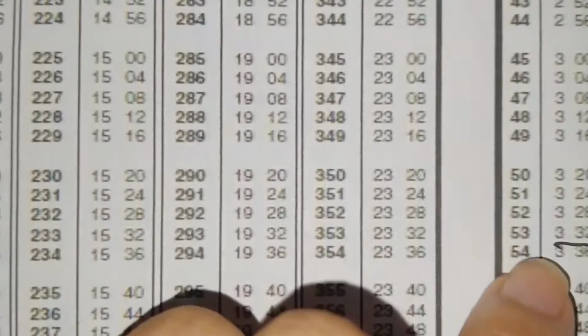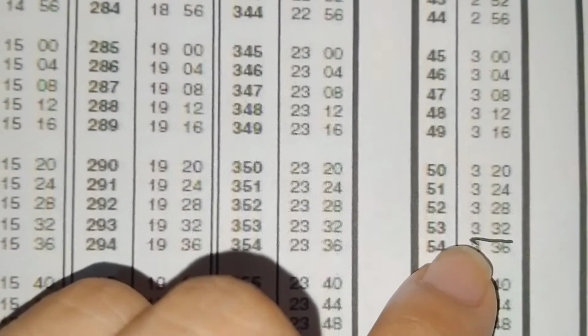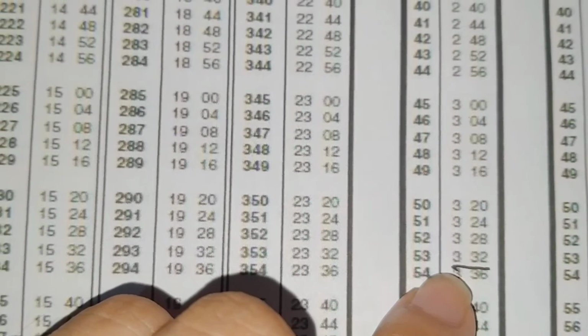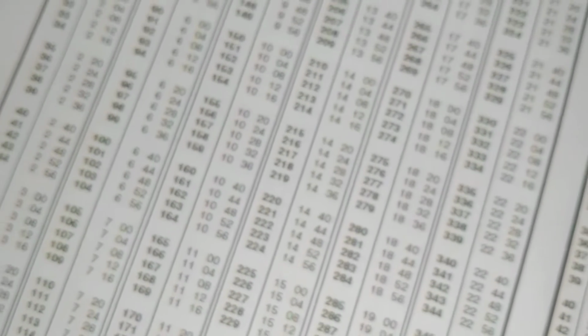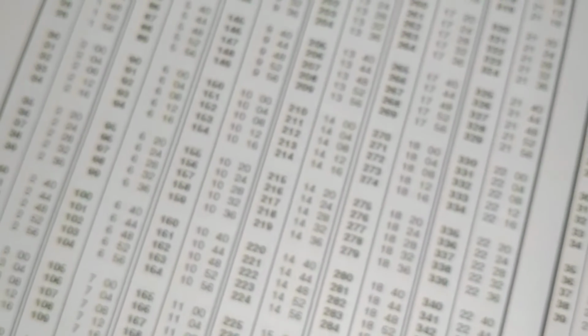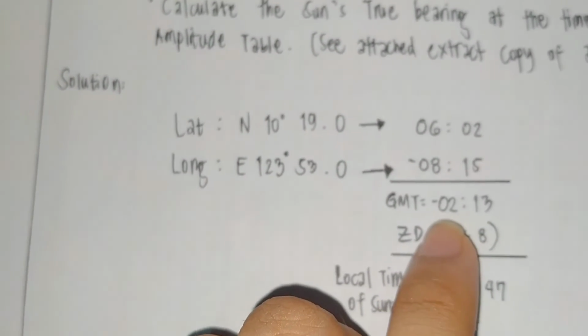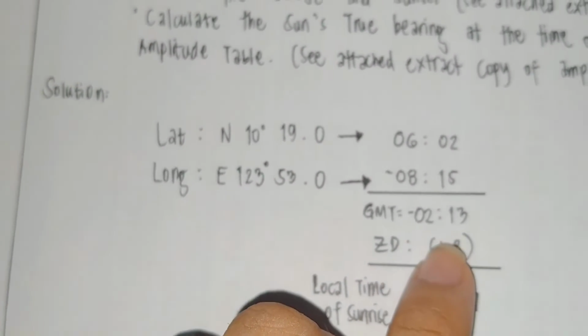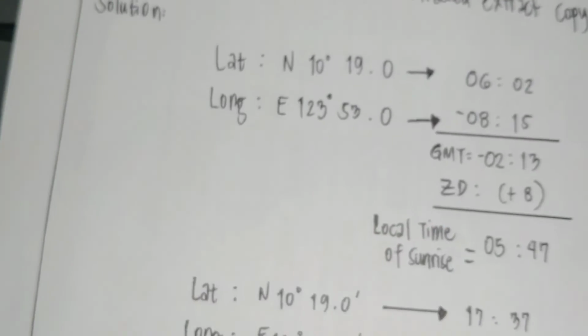It's 53, so it's 3 minutes and 32 seconds. So we will just add it. That would be 0, 8 hours and 15 minutes, and our zone difference is +8 since it is ahead of our location, which is in Cebu, Philippines, 8 hours from GMT.